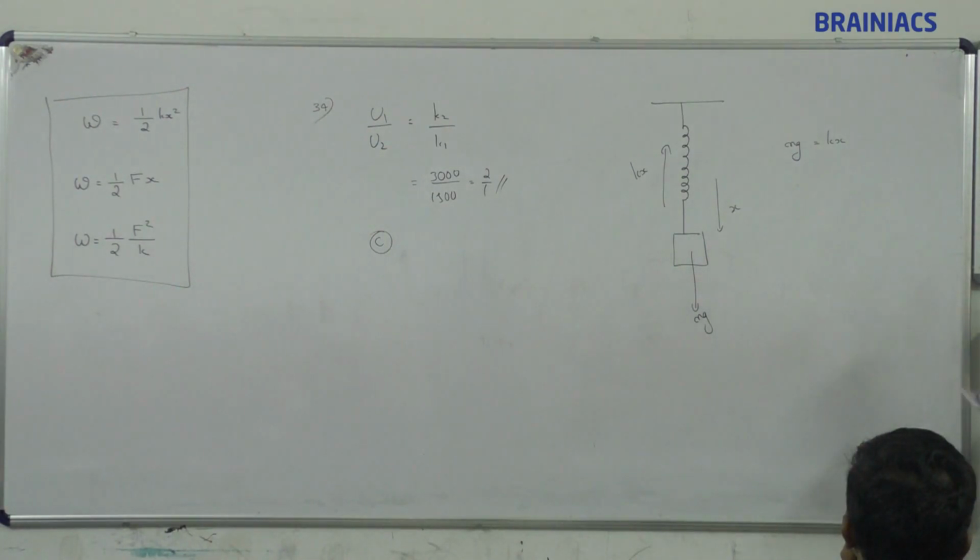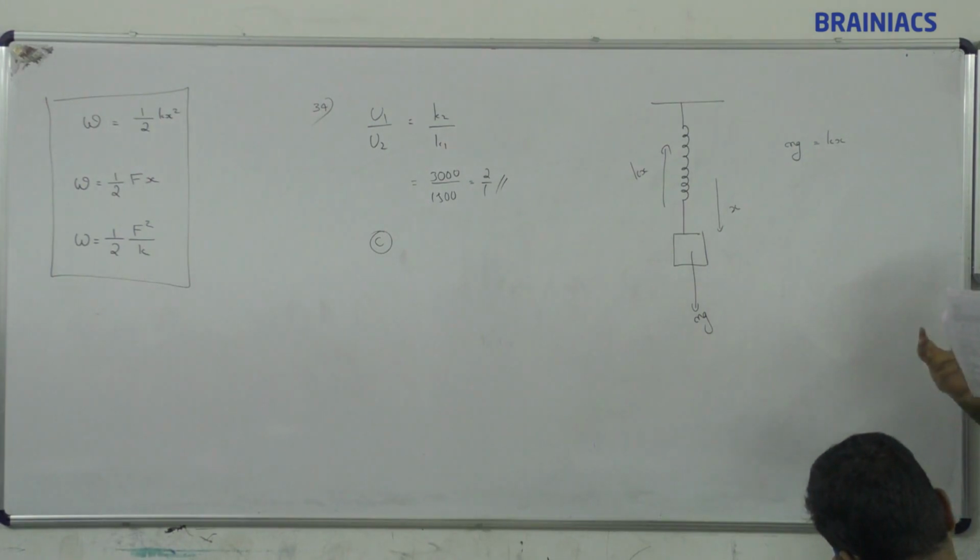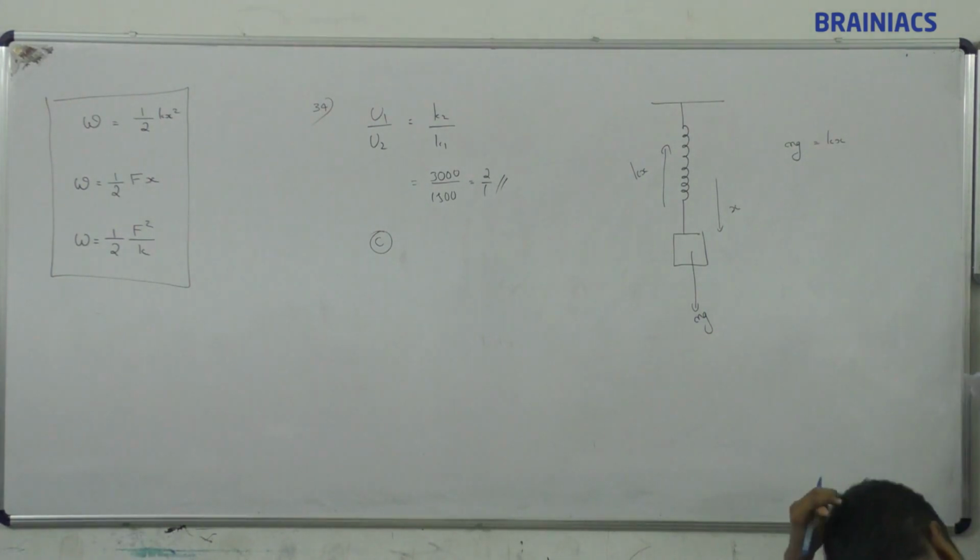So what will happen to the force now? I mean what they are asking, when the spring is allowed to fall suddenly, what will happen? It oscillates about its mean position.